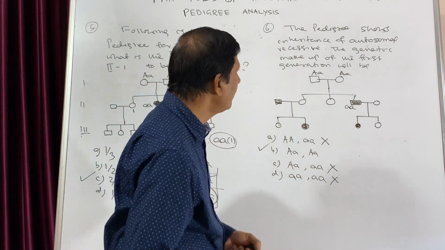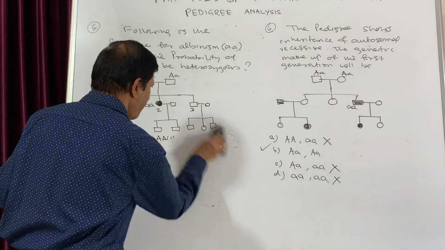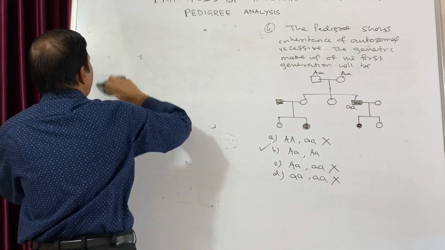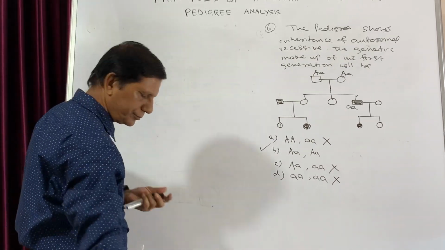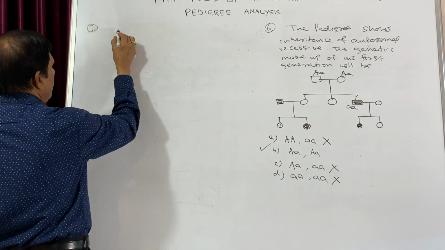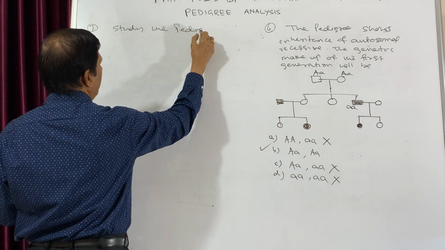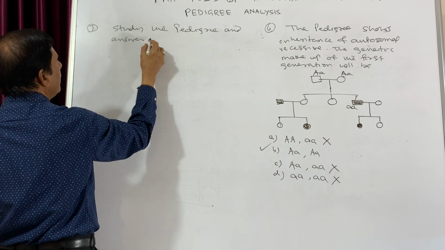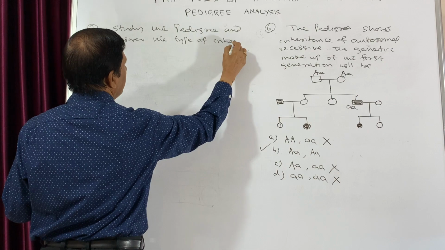Now let us discuss the seventh one. So the seventh one, study the pedigree and answer the type of inheritance.